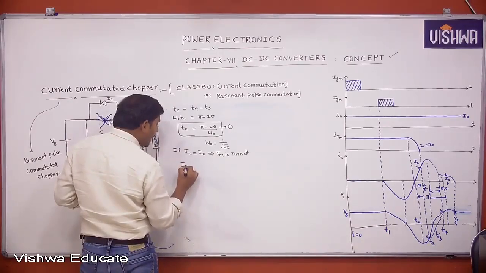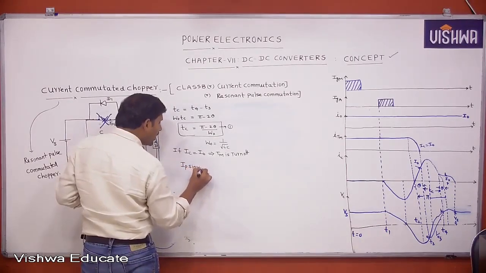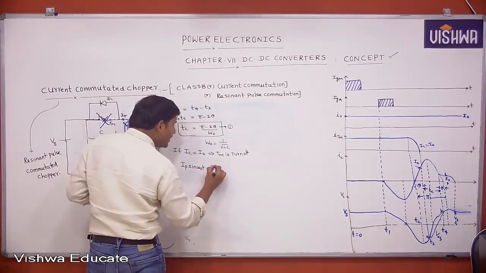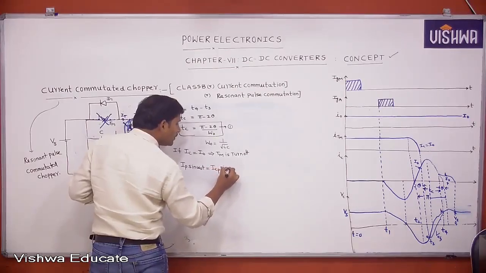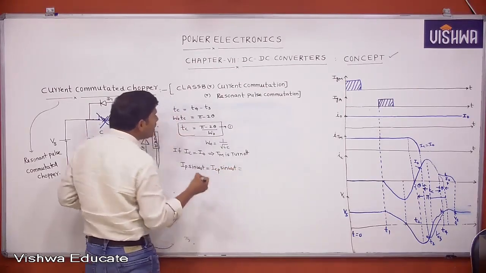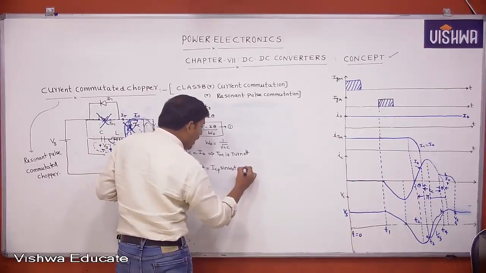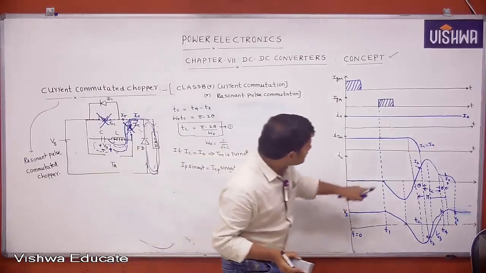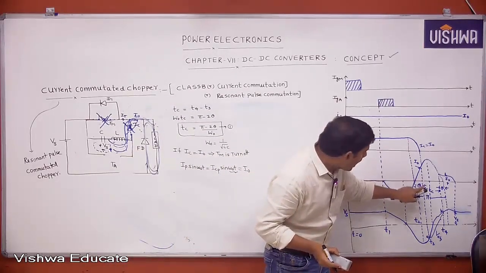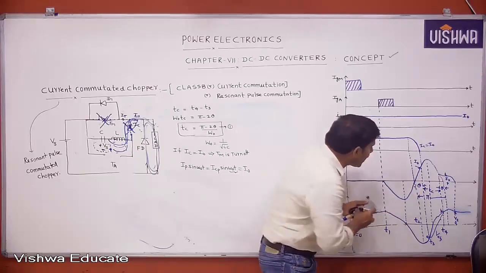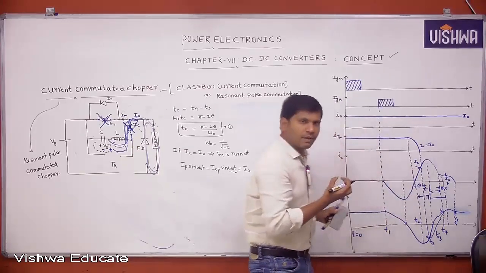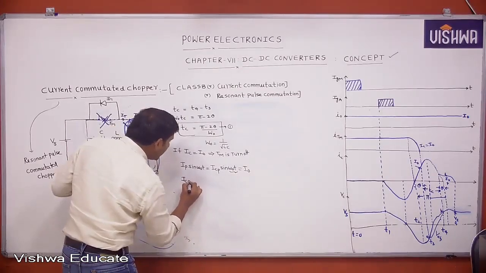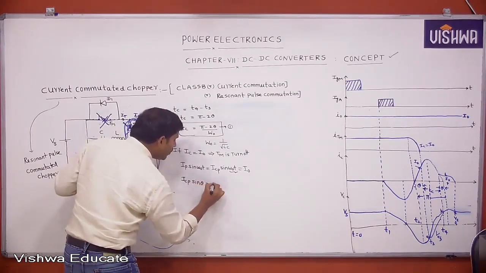IC equals ICP sin omega naught T. So ICP sin omega naught T equals I naught. Let this omega naught T equal theta. At this instant, when IC equals I naught, the thyristor is turned off, and that angle is taken as theta. So ICP into sin theta is equal to I naught.